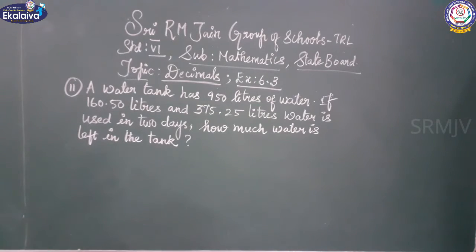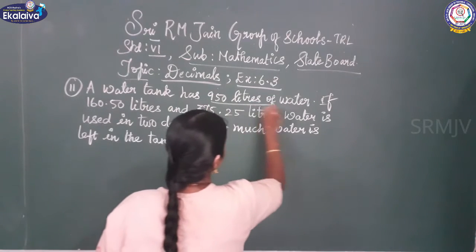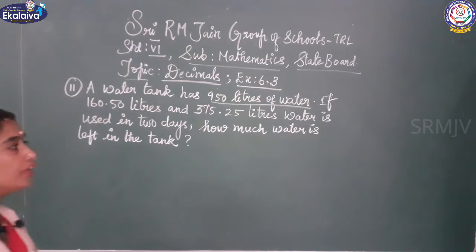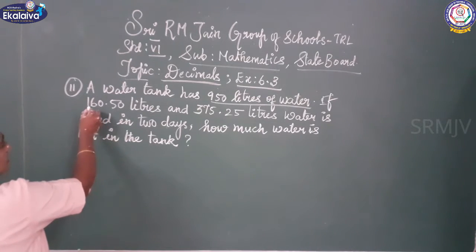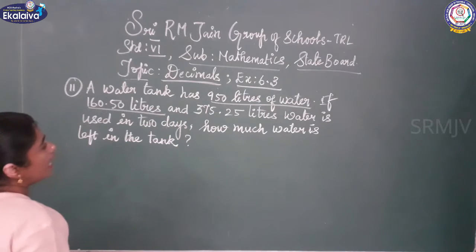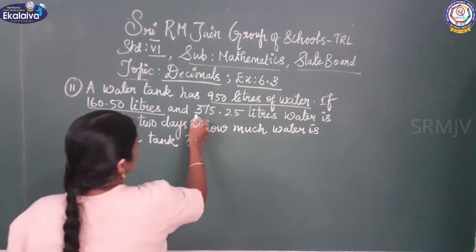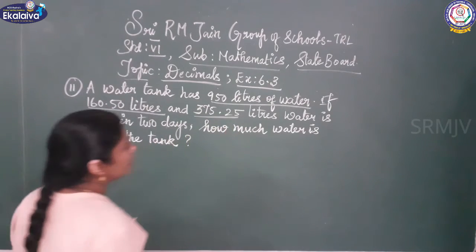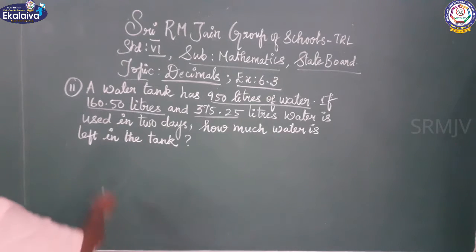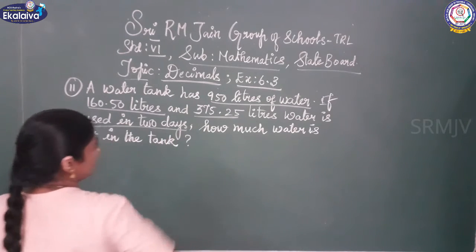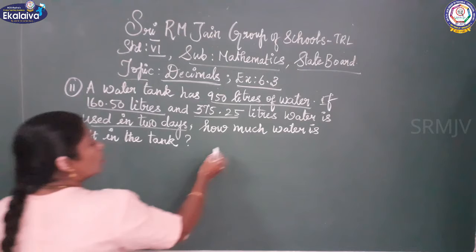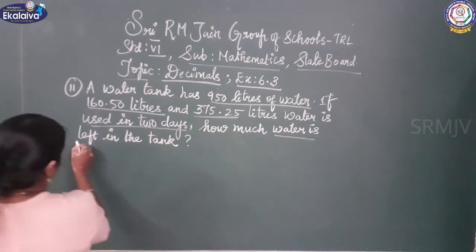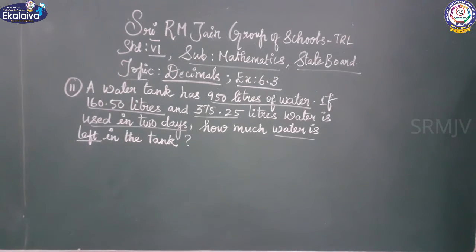See the 11th sum. A water tank has 950 liters of water. Got it? If 160.50 liters and 375.25 liters of water is used in 2 days, then how much water is left in the tank?